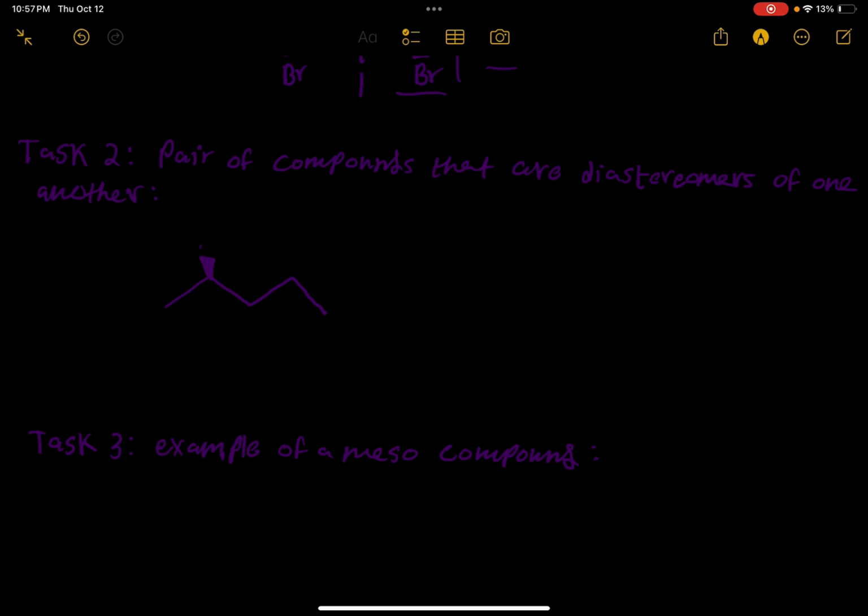Bold fluorine, a bold OH, and another pair here, a dashed fluorine, bold OH.